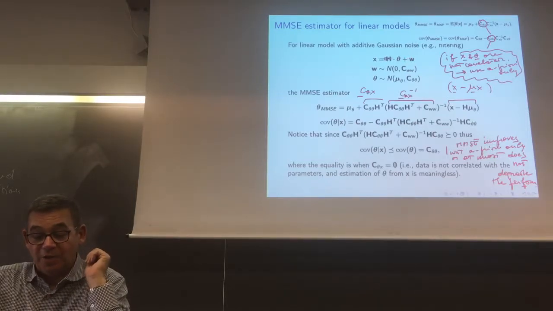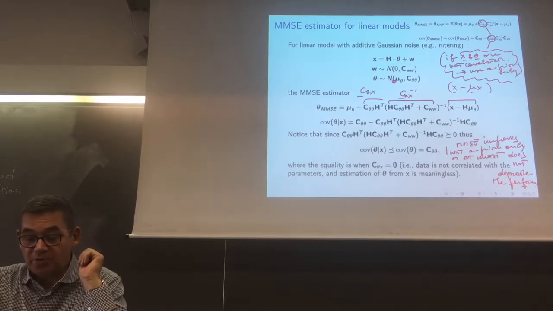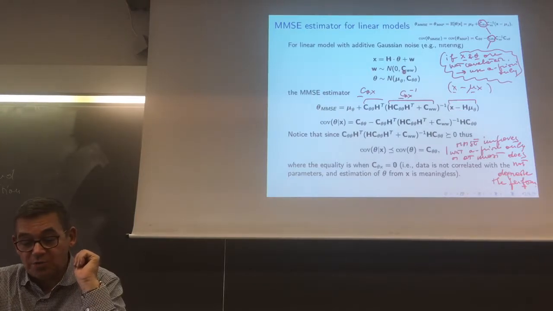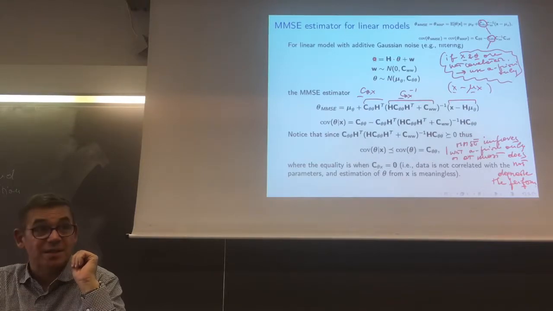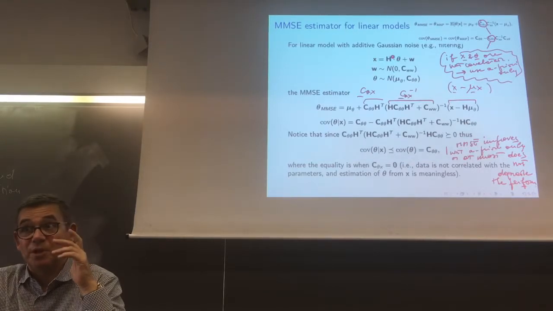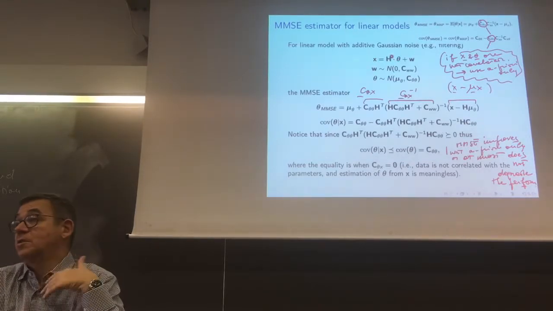If I know the a priori on theta, I can get the theta MMSE. If the noise is Gaussian, and theta is Gaussian, then x is Gaussian, since it's a linear transformation. So we are in a Gaussian setting.